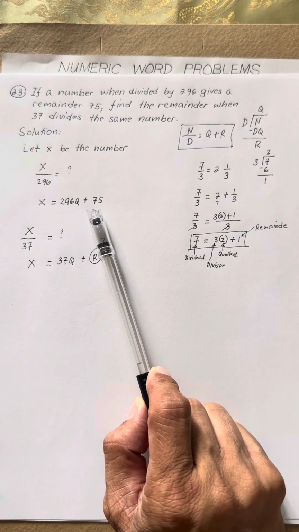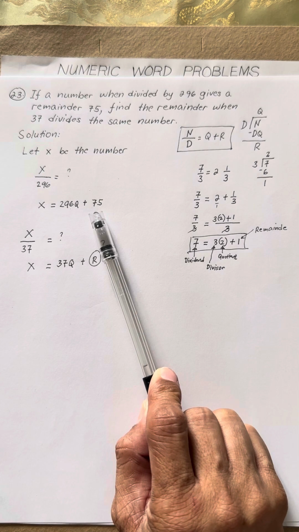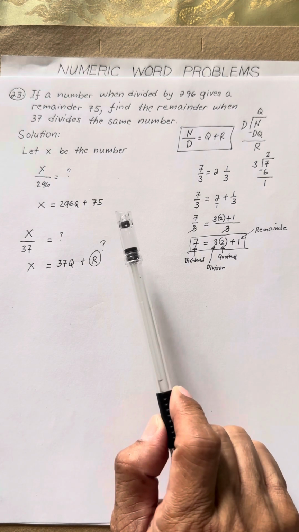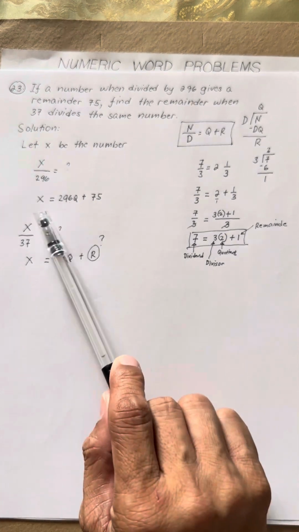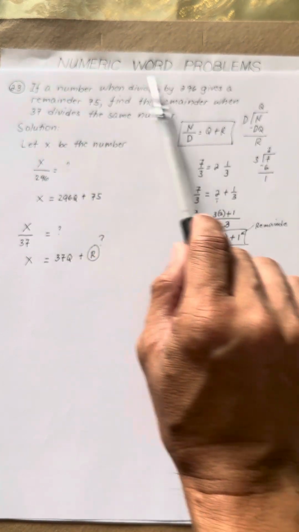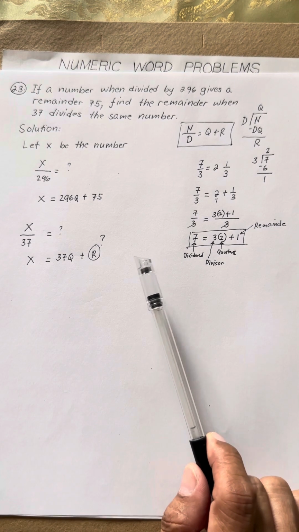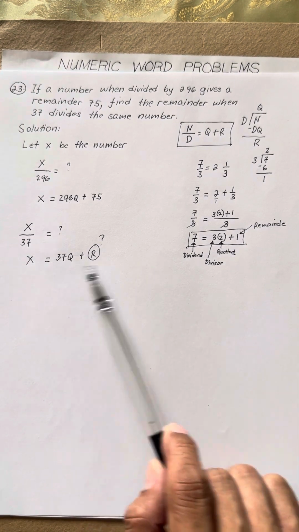So in this form, we consider the number 75 as the remainder. So when a number x is divided by 296, this is our mathematical expression out of this given problem. Then we want to find the remainder.